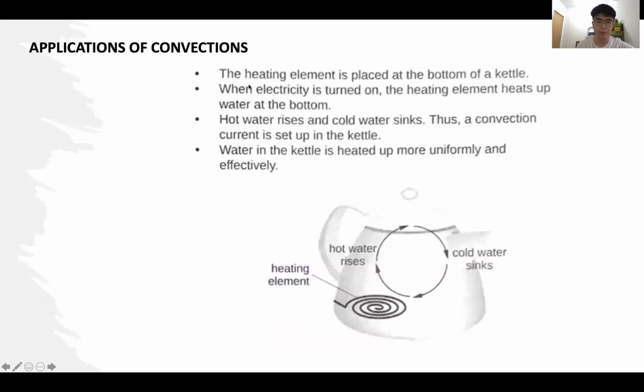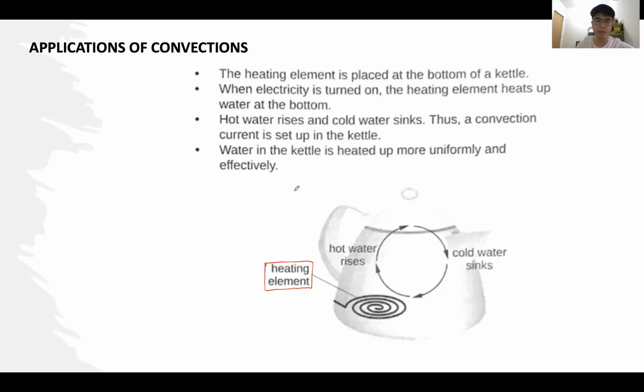Applications of convection. The first one I mentioned just now, and also the heating element of an electric kettle. Why is the heating element placed at the bottom and not on top? Similar reason to why the aircon is placed on top and not the bottom.